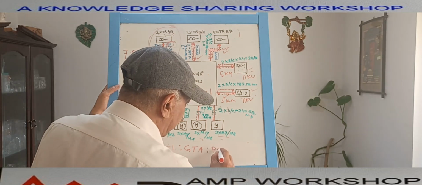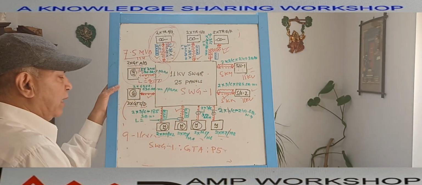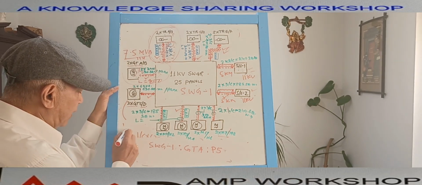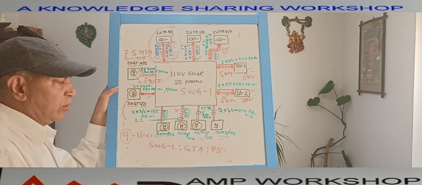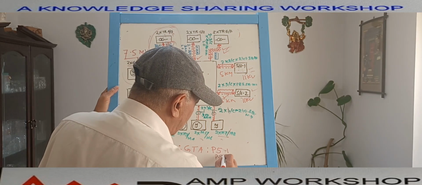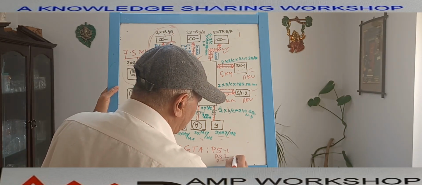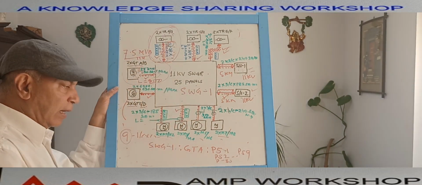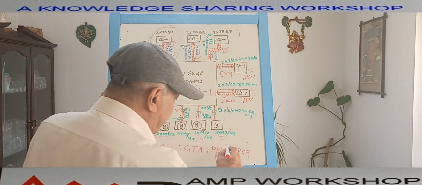Now here is the problem: P5 is not one cable, there are 9 cables. So we will put P5-1, P5-2, P5-3, up to P5-9.